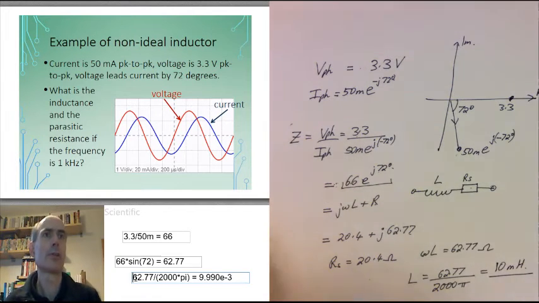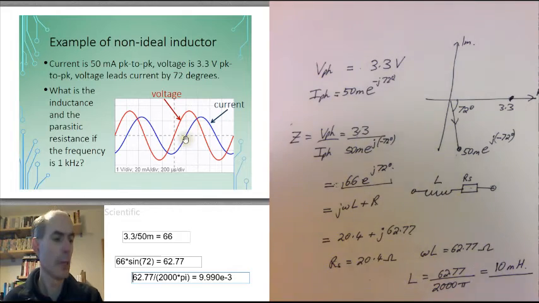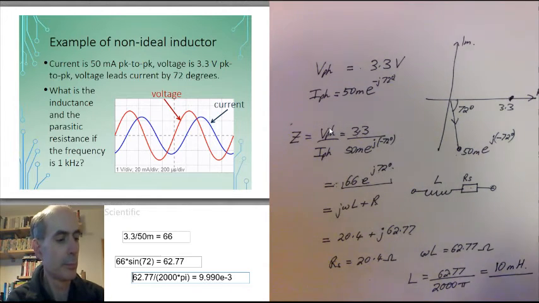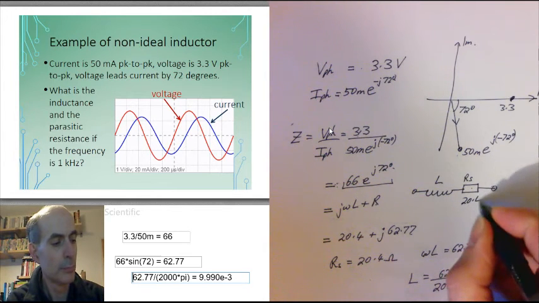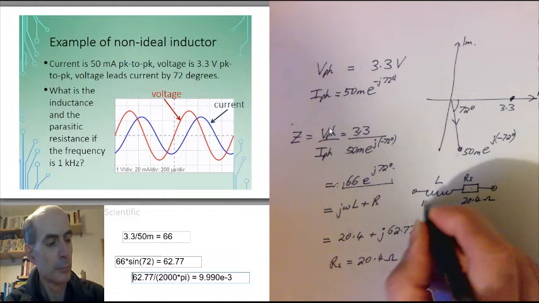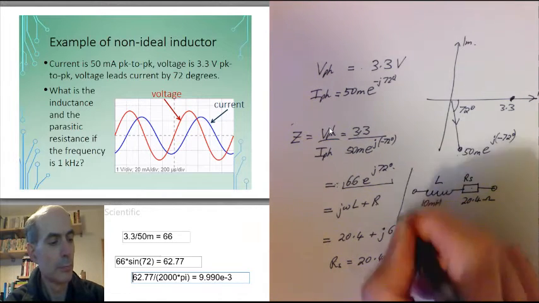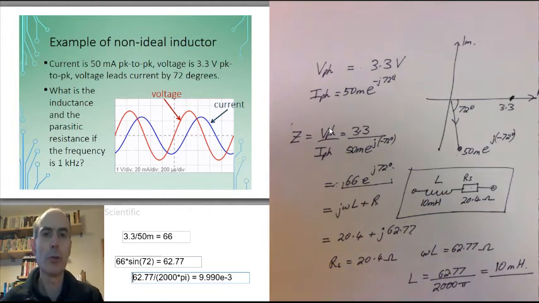So this looks like a 10 millihenry inductor with a series resistance of 20.4 ohms. And that's the model that we would use for this inductor.